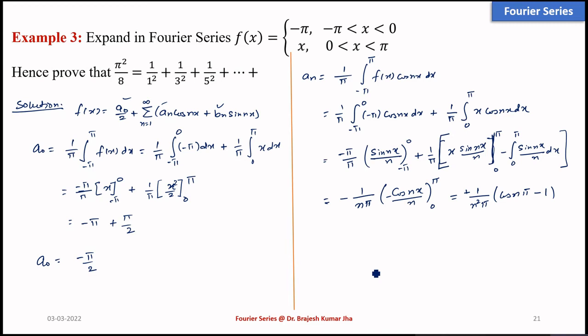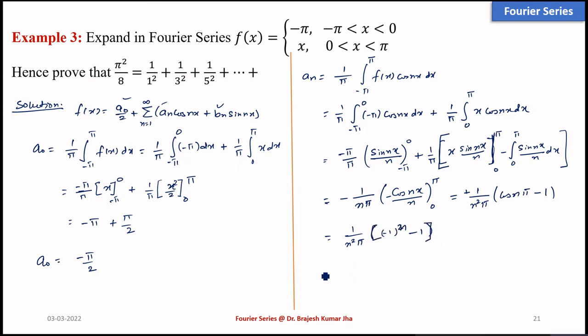So ultimately, it can be written as 1 upon n squared pi. What is the value of cos n pi? It is minus 1 to the power n, minus 1. That we can write.